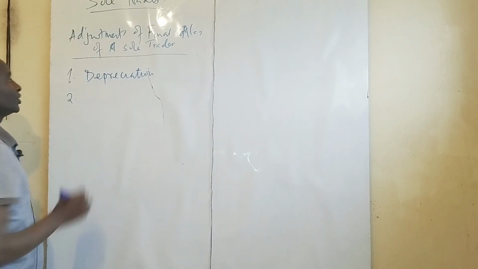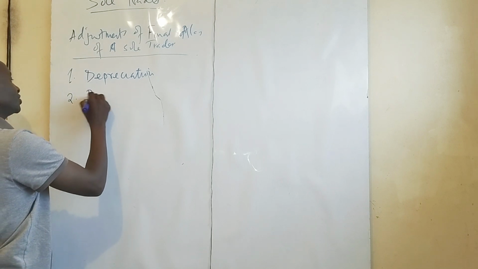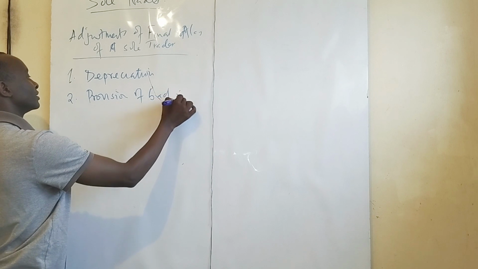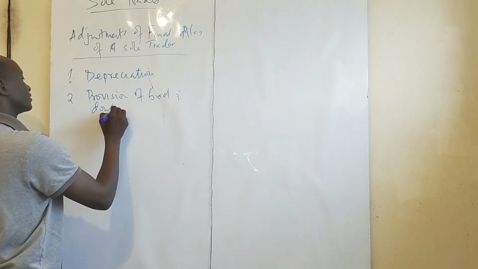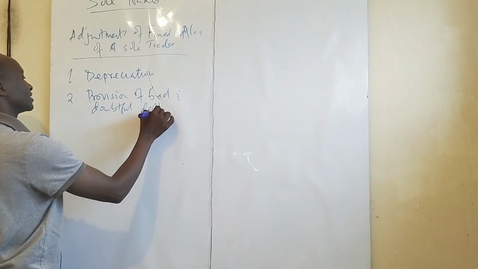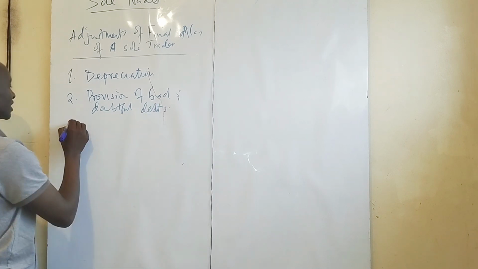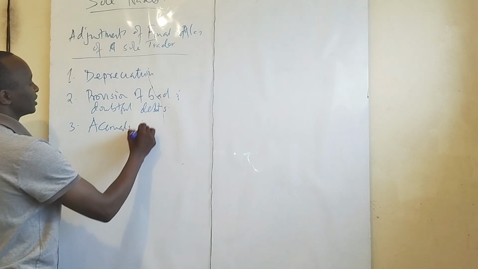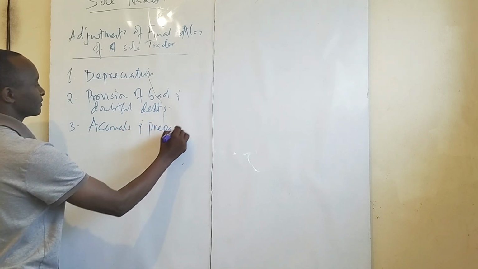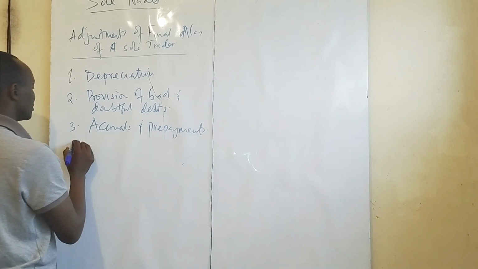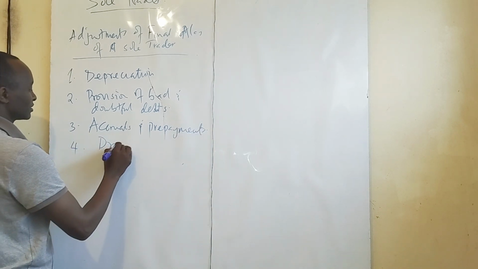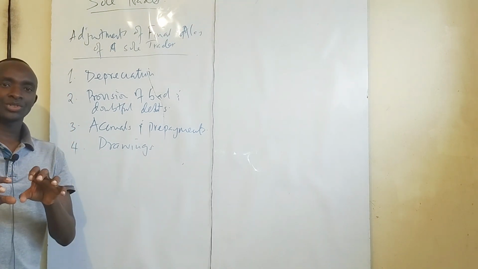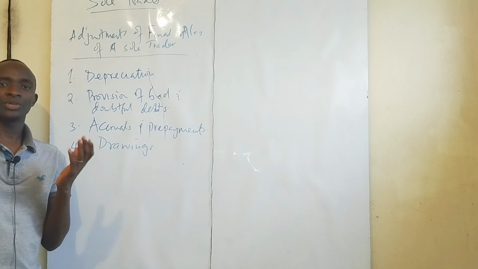Then number 2, we are going to look at the provision of bad and doubtful debts. Then number 3, we also look at the accruals and prepayments. And maybe finally drawings.